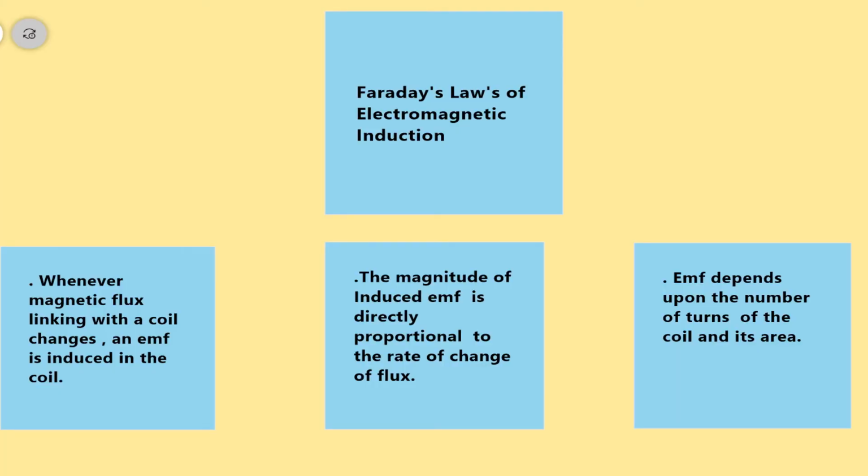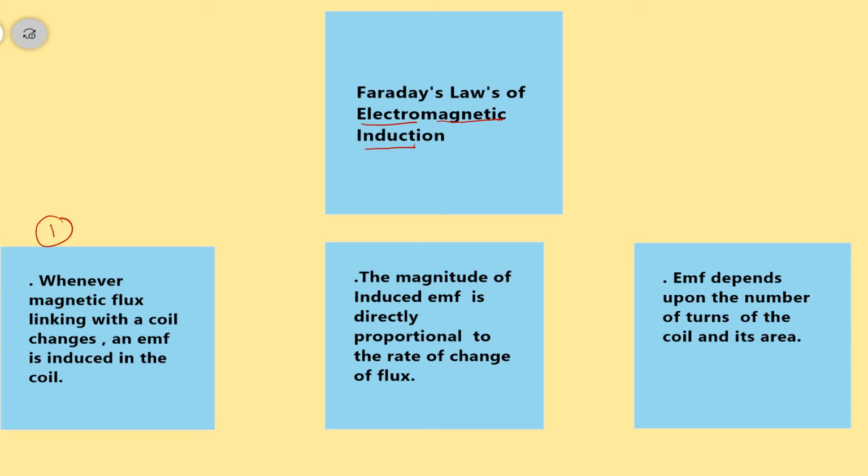Now, the phenomenon of electromagnetic induction was first given by Michael Faraday in the year 1831, and he called this phenomenon electromagnetic induction as electric current is induced by magnetic field. So there are three laws of electromagnetic induction.